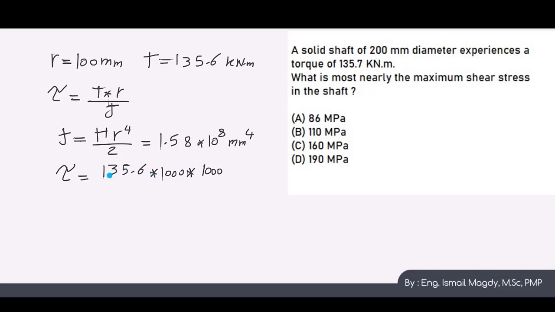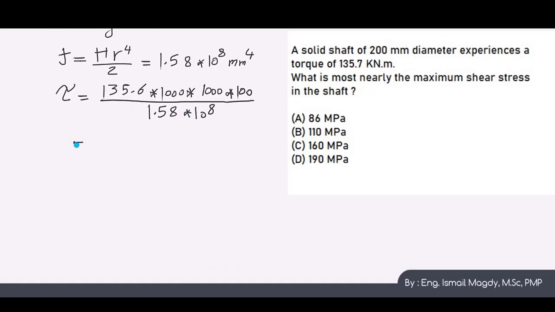So we multiply 135.6 by 1000, again by 1000, so instead of kilonewton meter it becomes newton millimeter. Then we multiply by 100, which is the R, and of course the R is in millimeters already, so we don't need to multiply by anything. This will be over J, which is 1.58 multiplied by 10 to the power 8.